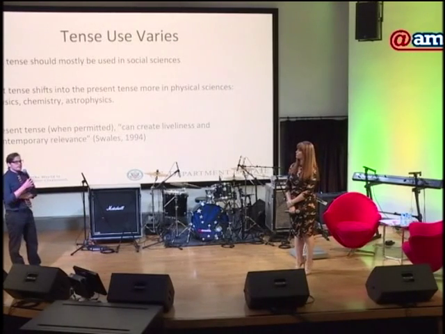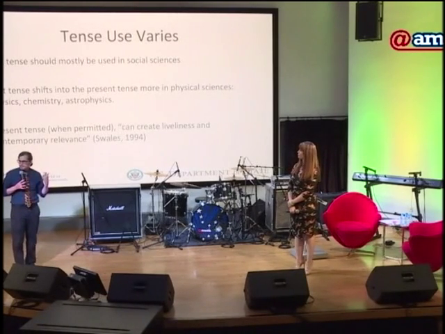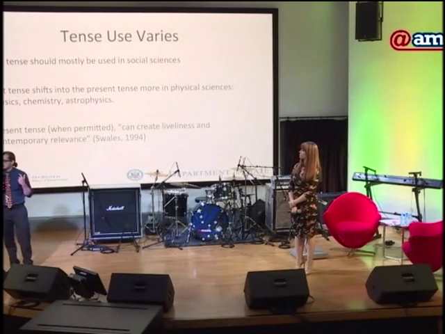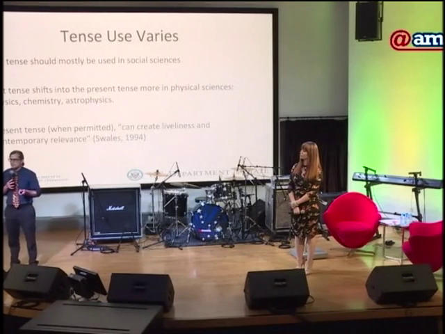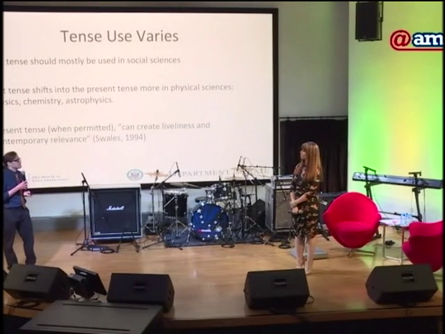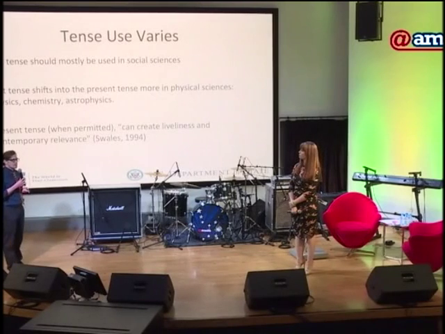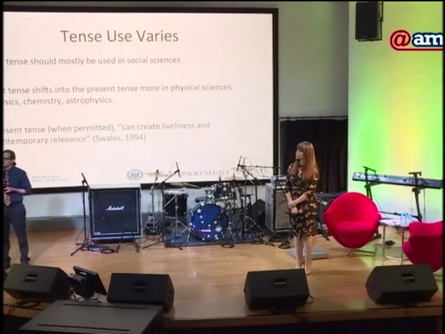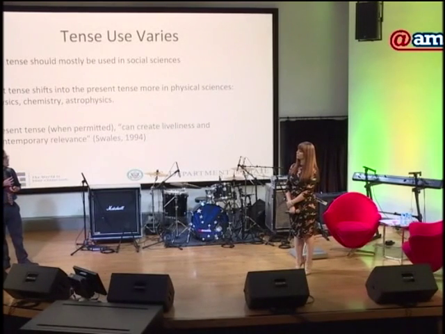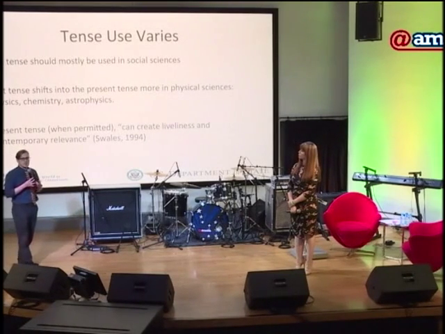Now, we talked about the past tense in the previous slide. Most of the time you are using the past tense. However, you can shift to the present tense, and there are more physical sciences like astrophysics and chemistry. Scientists in those fields do tend to use the present tense more because they want to show contemporary relevance.